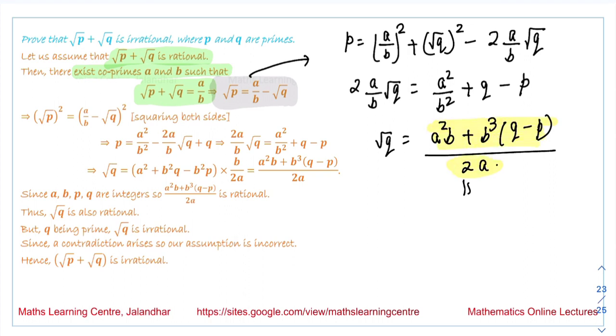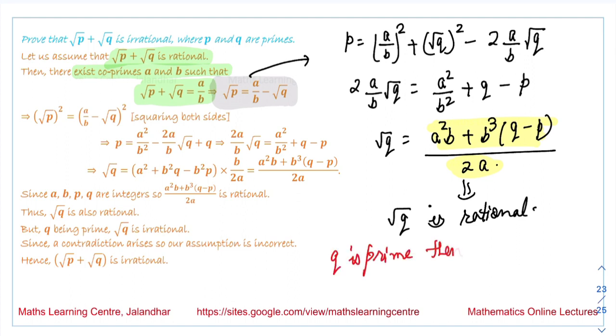So this implies that square root q is a rational number, and this is incorrect because we know that if q is prime, then square root q is irrational.